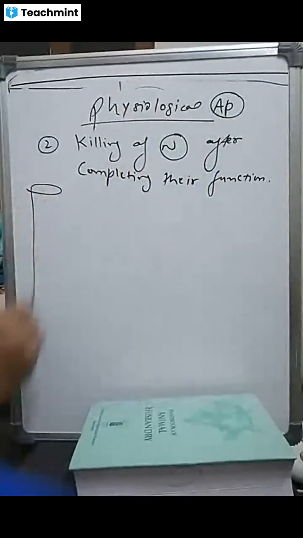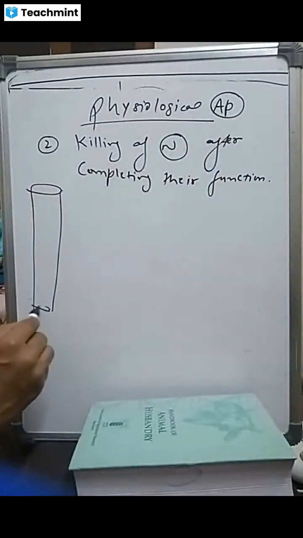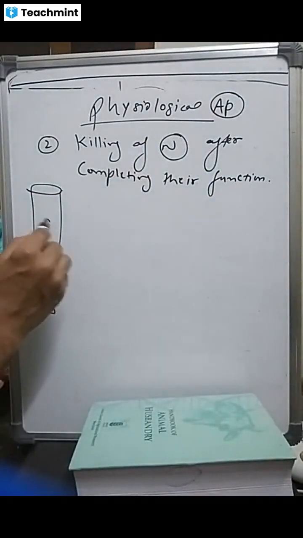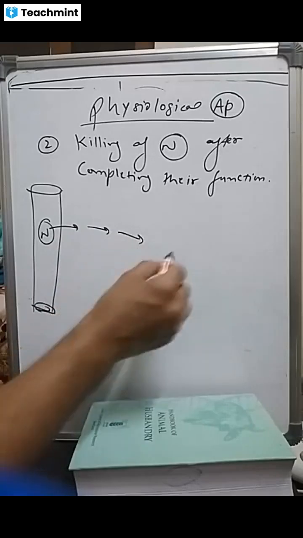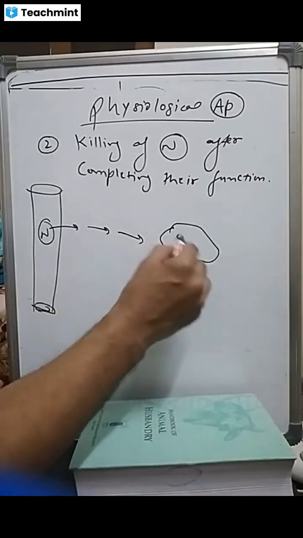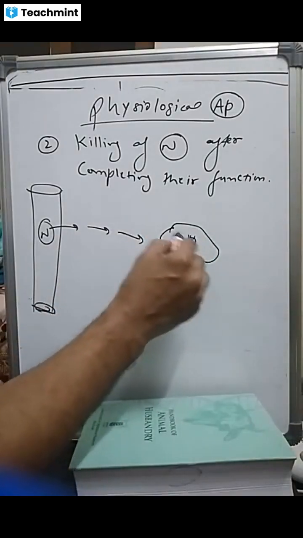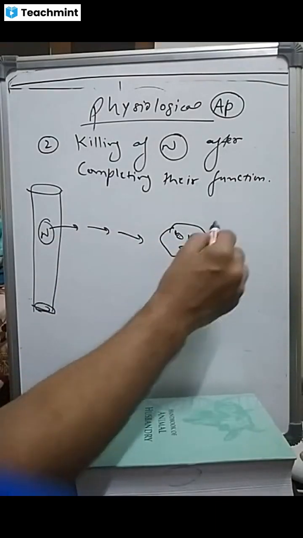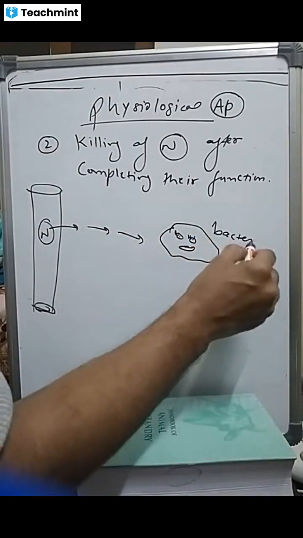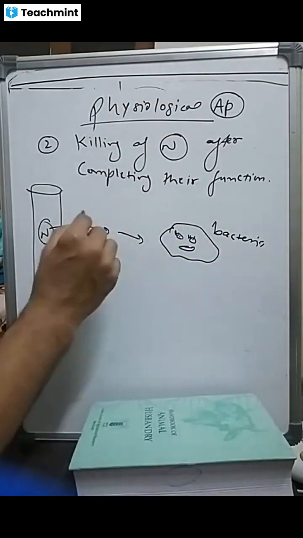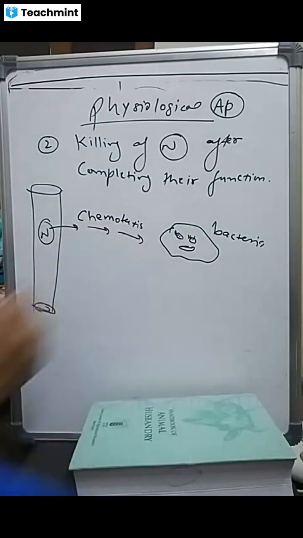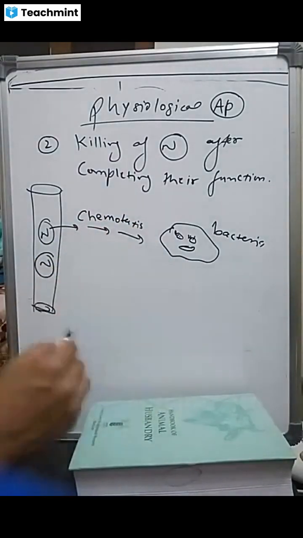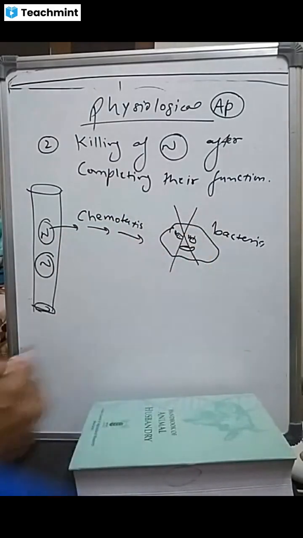In case of inflammation, this is the blood vessel and this is the neutrophil. Neutrophil comes out to the site where bacteria are present. This coming out is known as chemotaxis. So these are the neutrophils. They come out and they kill the bacteria.